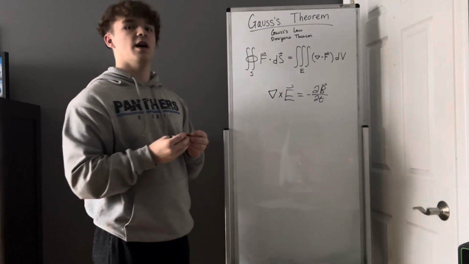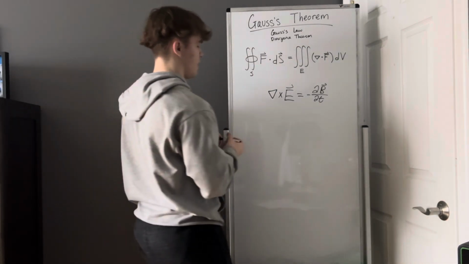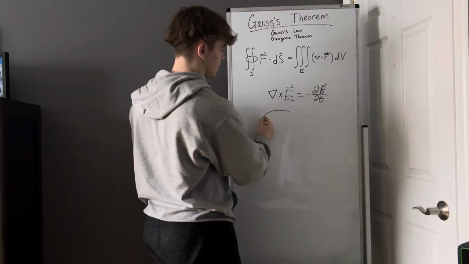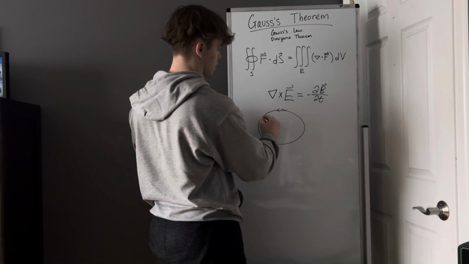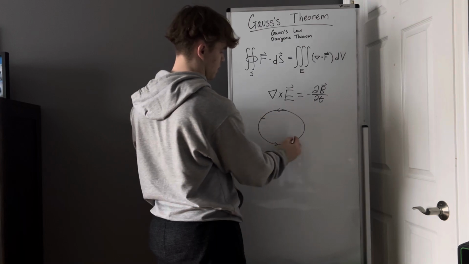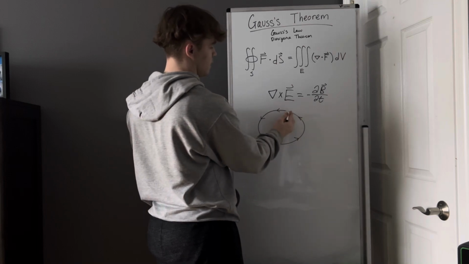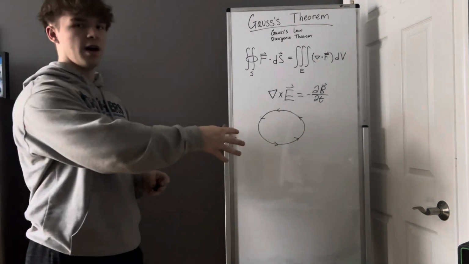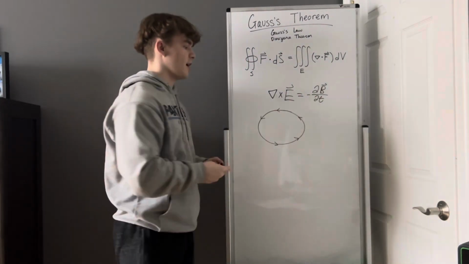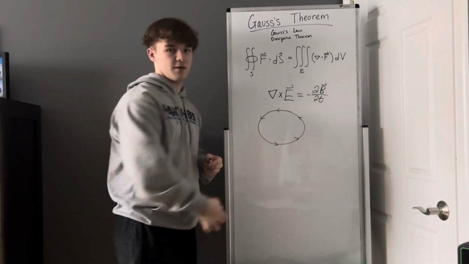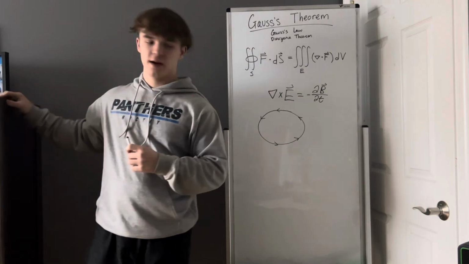And that's a very interesting one because it tells us that, say we have a closed circuit of electric field, or otherwise known as current. This would be a rotating electric field, and that can be produced by moving a magnet in and out of this. And so that is why there's a negative to account for that.